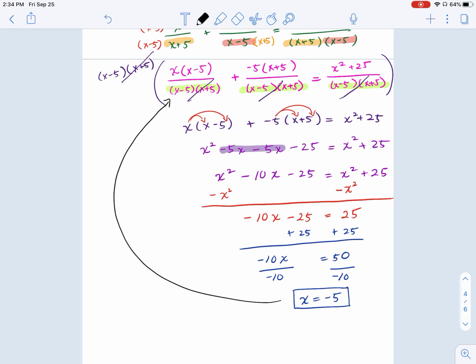So you'll notice here that if I plug negative 5 into this equation, it would have created an undefined situation. So this would be considered an extraneous solution because if we plugged in negative 5 right here, let me just show you right there, you'll notice negative 5 plus 5 is 0, and the whole fraction shuts down and becomes undefined.